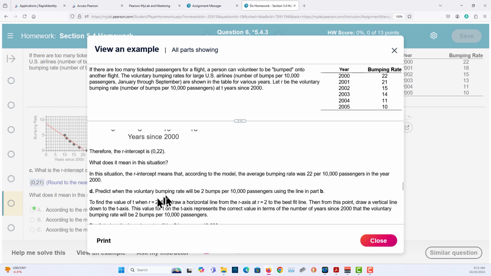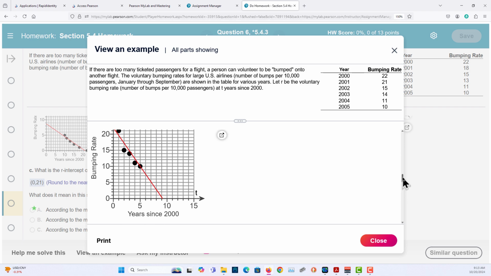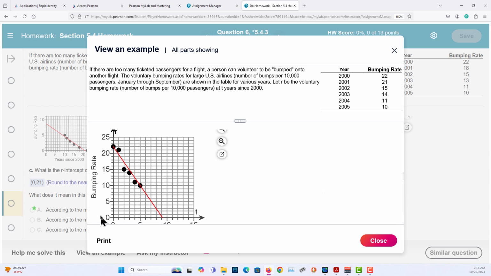Then they ask the question when implies time. So we look at when the bumping rate will be 2 bumps per 10,000. So we look at the table again. We see 1, 2. Go over here, you do it closer. You see 1 and 2. And it looks like it's at 8.